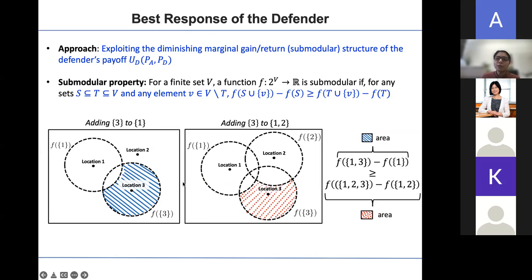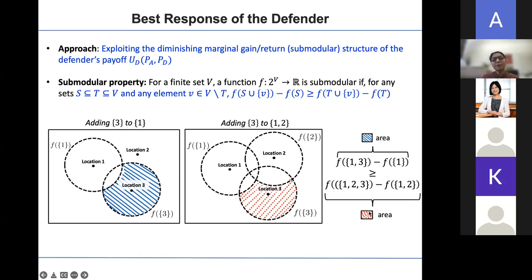So now if I do f of 1, 3, that is a union of the two circles, minus f of 1, that is shown by the blue shaded area, right? The difference. And if I look at the second figure here, let's say I have f of 1, f of 2, and f of 3. And now if I do f of 1, 2, 3, that is a union of all the three circles, minus f of 1, 2, union of the first and second, that is the red area.